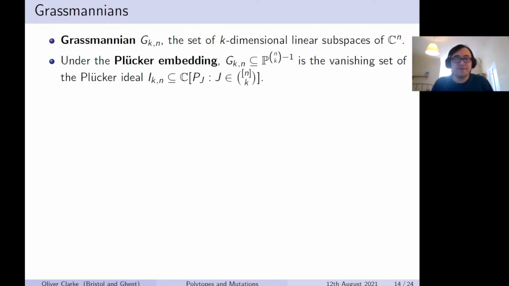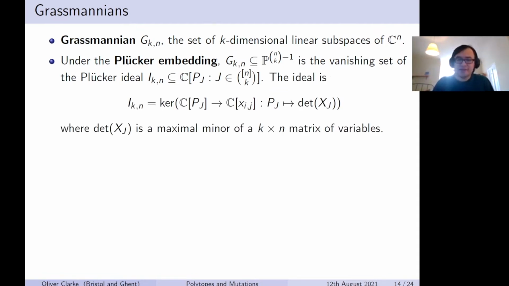You can think about this as the vanishing set of the Plücker ideal, which I'll denote I_{k,n}, living in the polynomial ring with n choose k variables, one for each k-subset of 1 through n. And what is this ideal? This ideal is the kernel of a map which sends each of these variables P_I to a maximal minor of some matrix of variables, which are called x_ij.